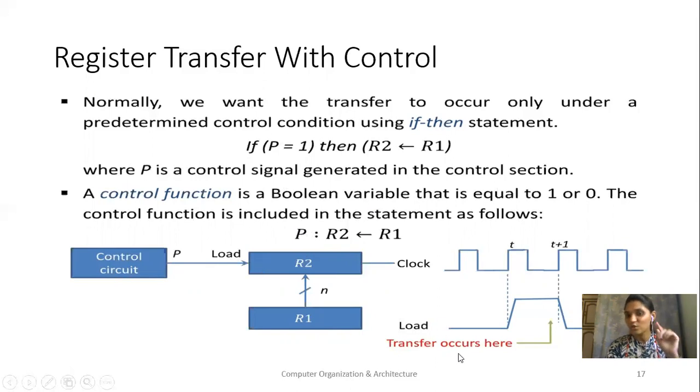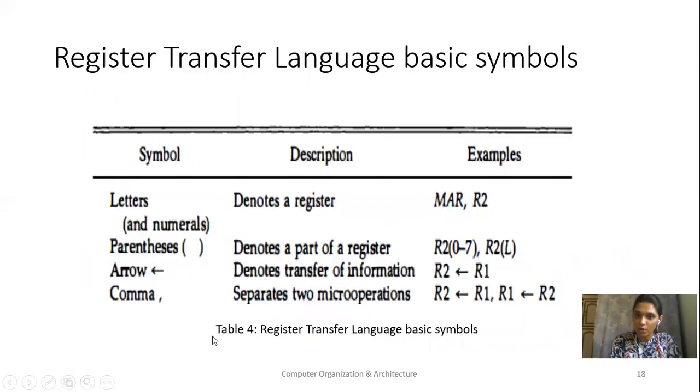You can also use clock signals for that. For example, here if you have given 1, then only the transfer will occur. So this kind of transfer is also possible. Different symbols used in register transfer language are denoted here. Letters represent your register, an arrow represents transfer operations, and parentheses represent a particular bit.